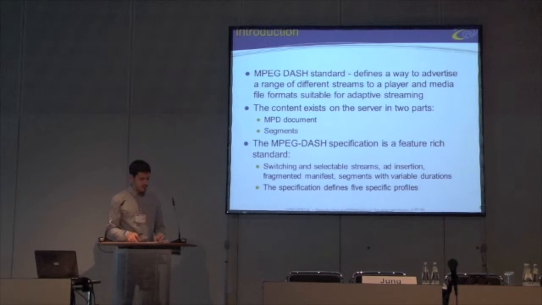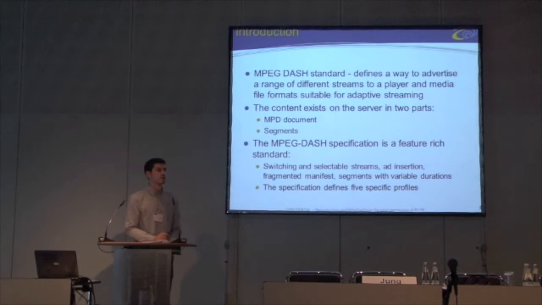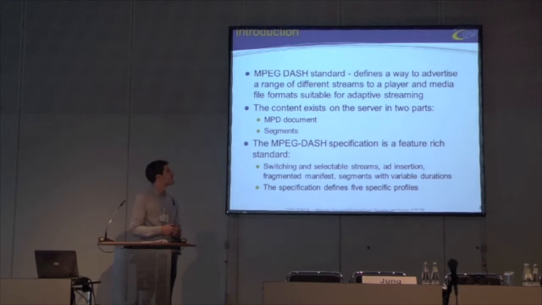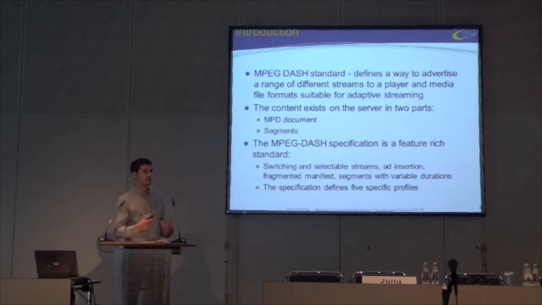Now, MPEG-DASH is a little bit more complex than that because it supports much more features than HTTP live streaming. It defines a way to advertise a range of different streams to a player and media file formats suitable for adaptive streaming. The content exists on the server in two parts. The first part is an MPD document.